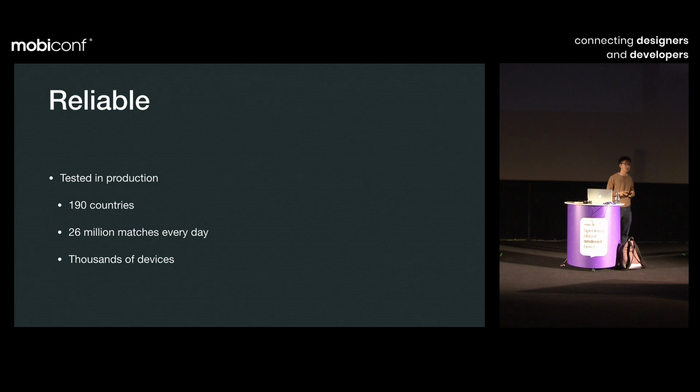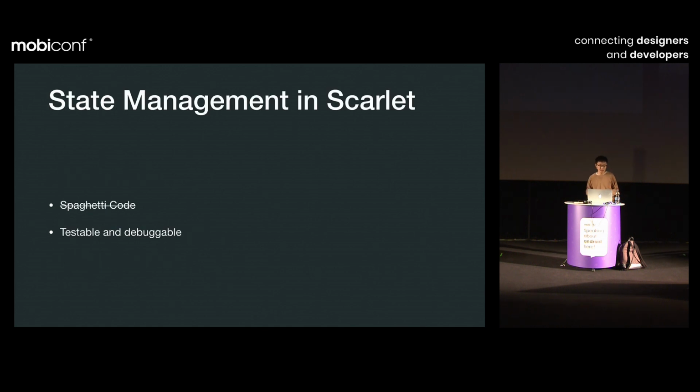It has been in production for 8 months, and we have not seen any issues. Although state management is complicated on Android, Scarlet is not written in spaghetti code. The state management in Scarlet is very clean. It's testable, and it's also debuggable.